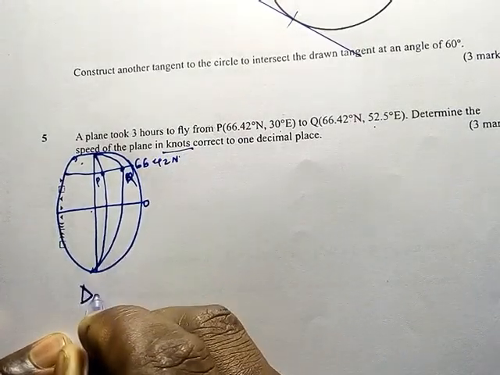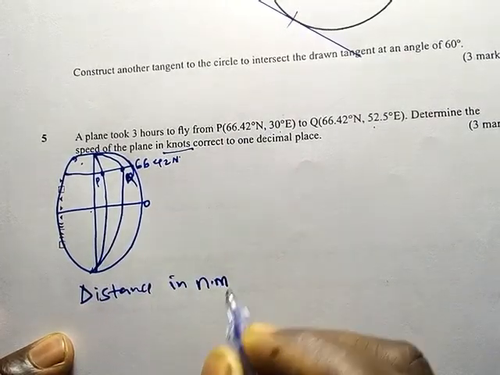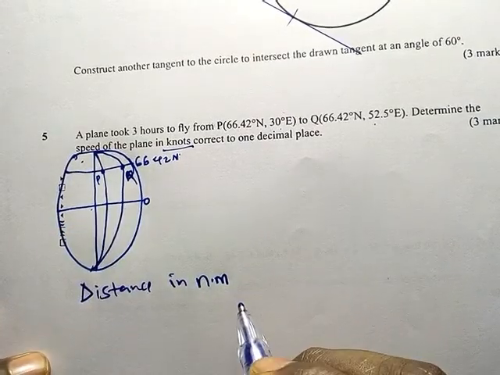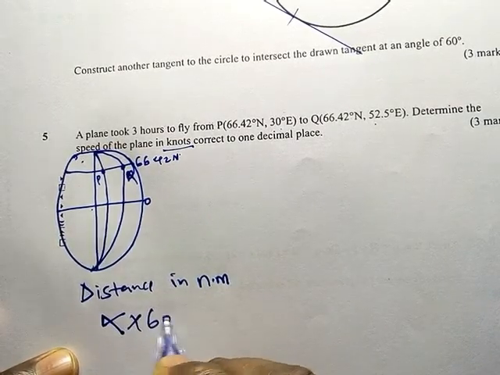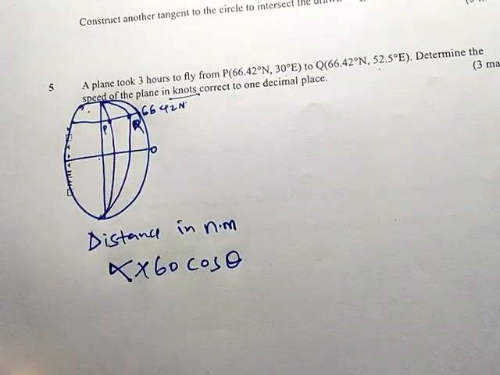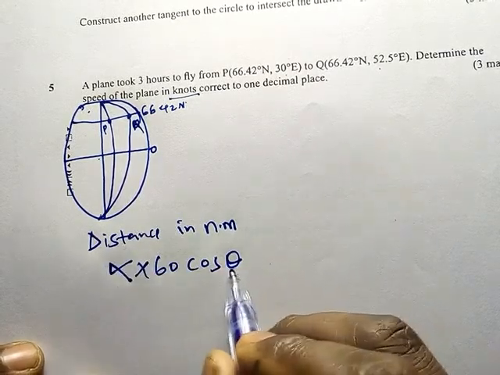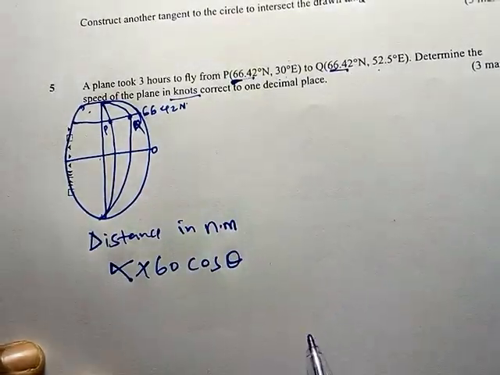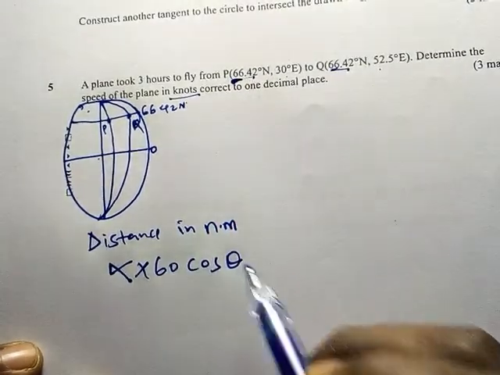So the distance in nautical miles on a small circle is given by alpha times 60 cos theta, whereby alpha is the angle difference, and theta here is the latitude angle, 66.42.